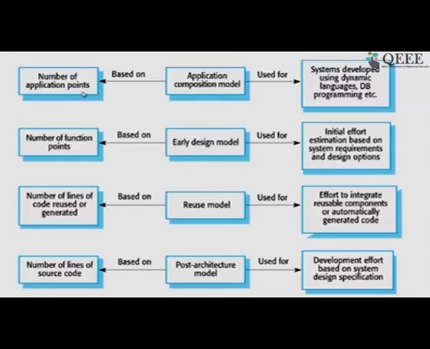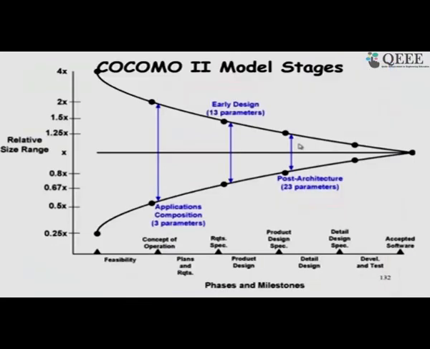And in the reuse model, we are trying to customize software, and we consider how much of the code we are doing white box reuse, how much black box reuse etcetera. So, here the number of lines of code that is going to be changed and so on, based on that is the reuse model. And as these are being used during the life cycle, we use different models and we come up with increasingly accurate estimations.